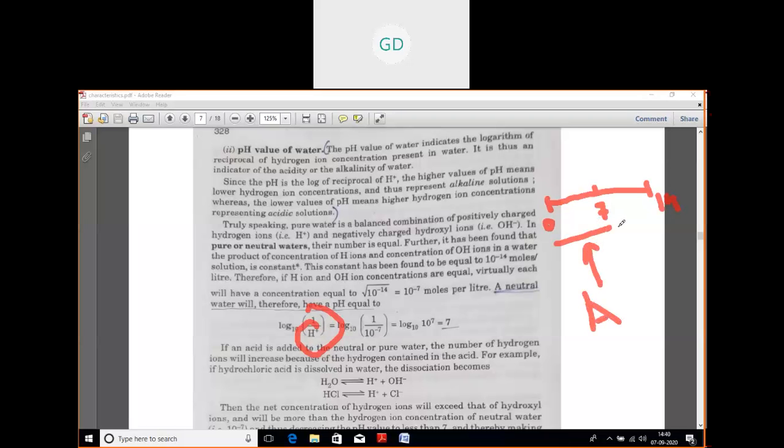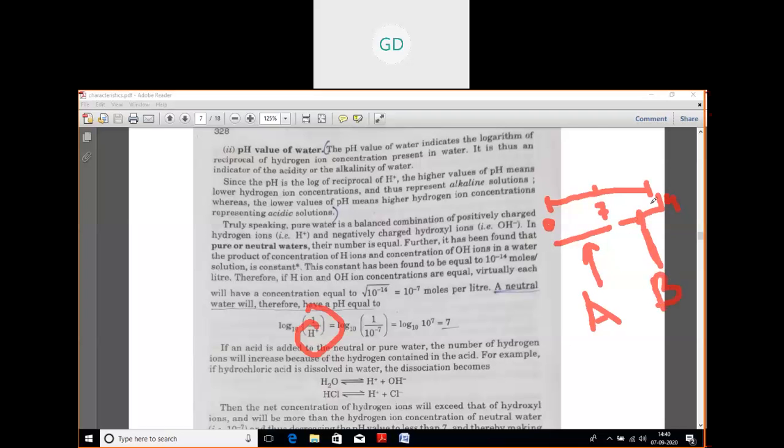If the pH value is between 7 to 14, the water is said to be basic, that means alkaline, it has more base. If it is between 0 to 7, it is acidic, that means more acids are present in that water.